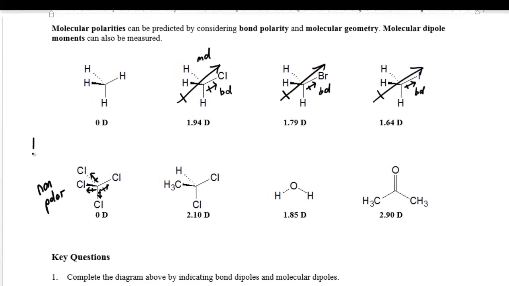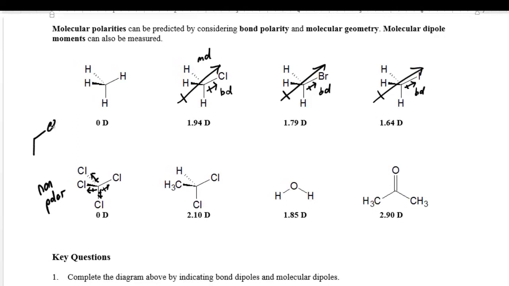Just as a bit of a comparison, let us say that these were chlorines, and then I'm drawing the tetrahedral structure, but I put fluorines here. Now this molecule is not symmetrical, and therefore I would expect that indeed there are bond dipoles, but the bond dipoles do not cancel. Because the fluorines are more electronegative than the chlorines, I would anticipate a molecular dipole in the direction of the fluorines.